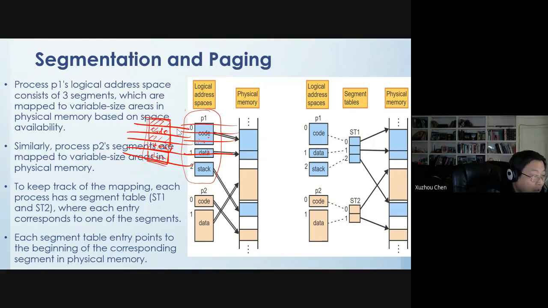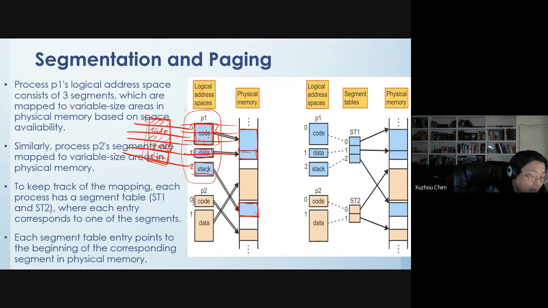So I use the segmentation. I just say, logically, this program contains 3 parts: one is the code, one is the data, the other one is the stack. And then when I allocate the physical memory, I allocate the code into one physical location, the data in another physical location, and the stack in another location. So these 3 segments could be distributed all over the place, but I should not separate the code.